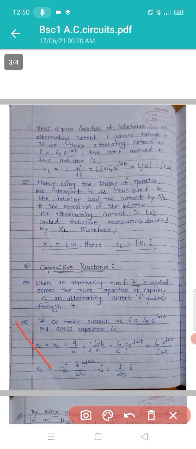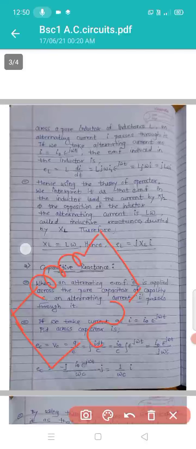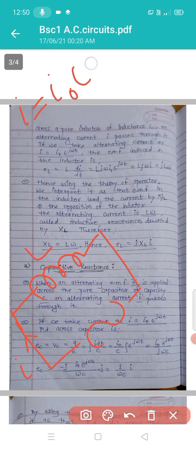See, this is the alternating EMF given to the inductor L. The current I will pass through it. If we take the alternating current as I equal to I naught epsilon raised to j omega t.